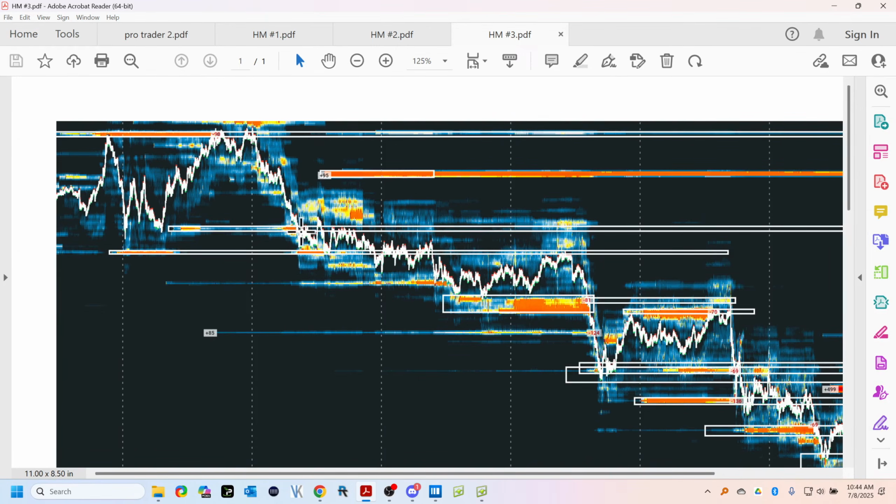But if I have more sellers who consume these buyers, then what does that happen? You know the concept, support and resistance. Well, this becomes support. And if I have more buyers here, it can create a reaction.